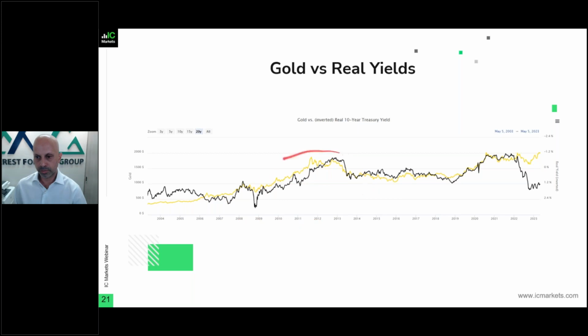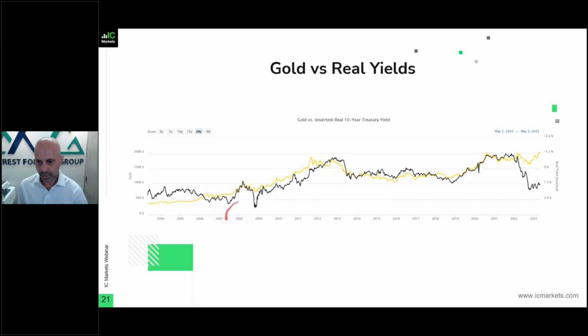Whereas the price of gold, which is charted on this yellow line, of course, goes from 0 to $2,000 per ounce. So do take note that the y-axis for real yields is inverted to clearly illustrate the close relationship, or rather the inverse relationship, that gold has with real treasury yields.